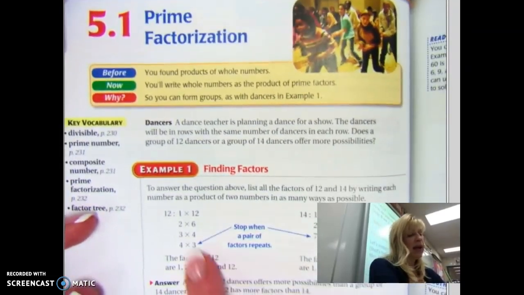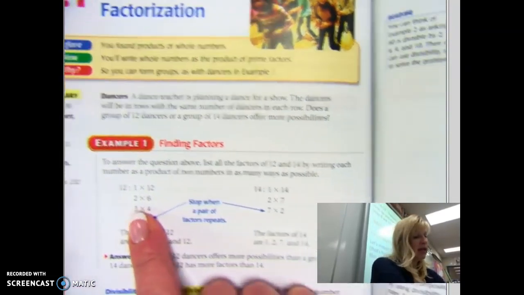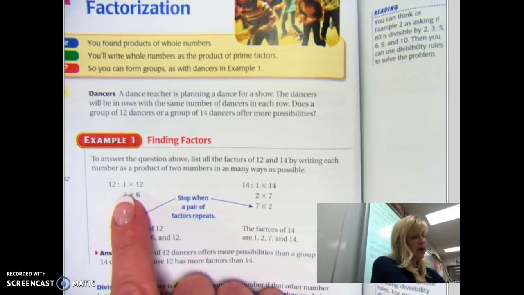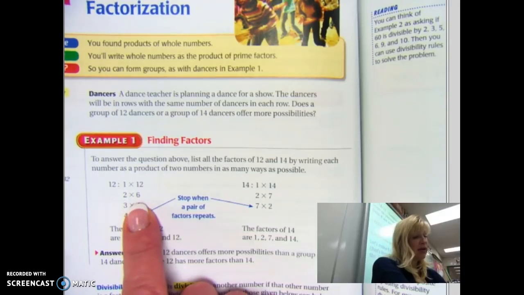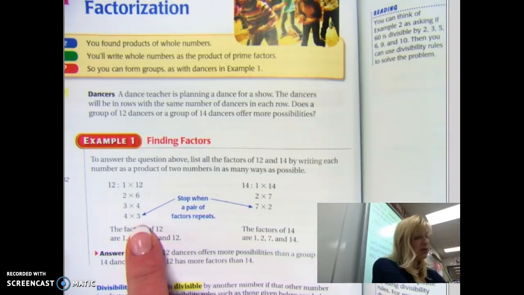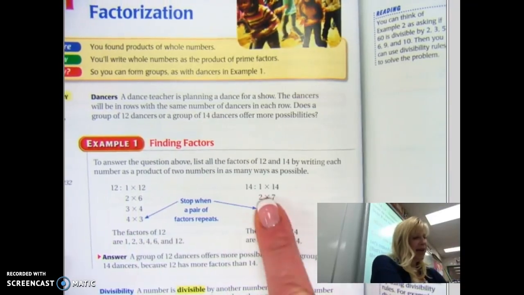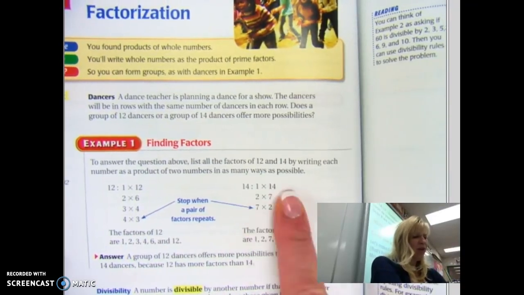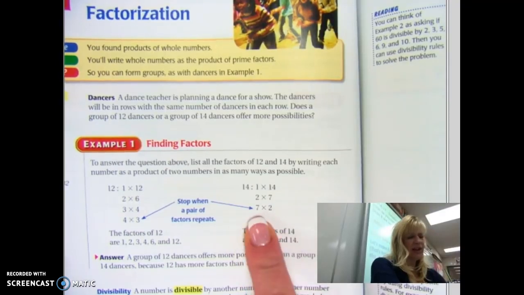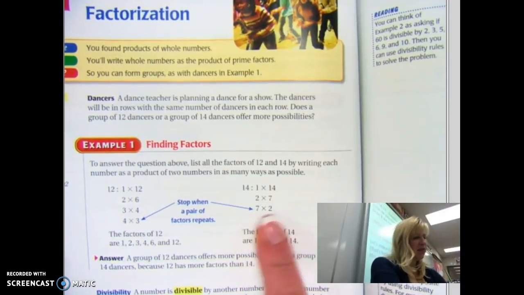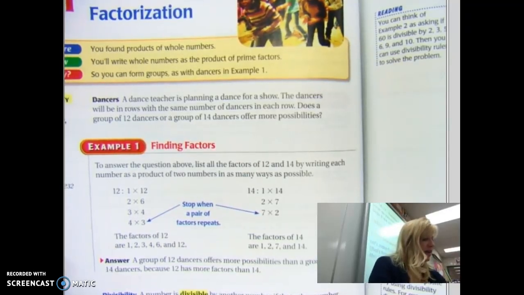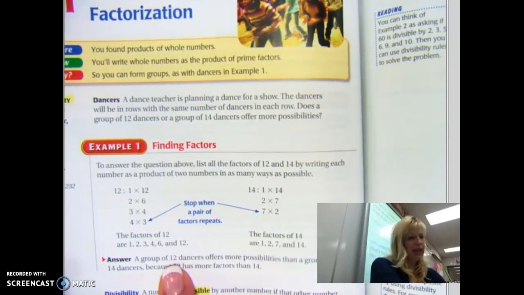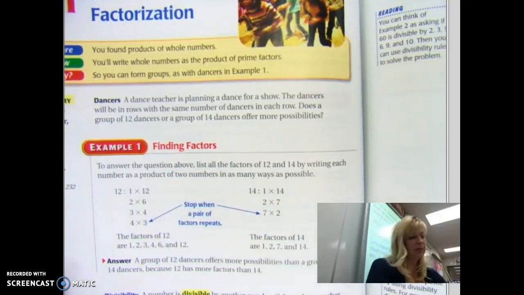So we could have, if we look down here, a group with just 1 in each row, and 12, 2 in each row, and 2 rows of 6, 3 rows of 4, 4 rows of 3. But in this one, we could have 1 row of 14, 2 rows of 7, or 7 rows of 2. I definitely think that a group of 12 dancers offers way more possibilities.